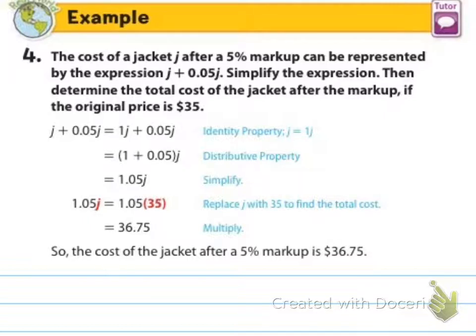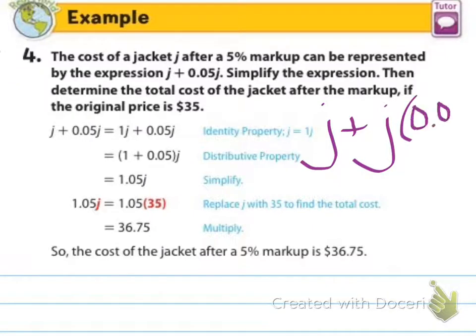So that means that we're going to do the 100% plus 5% to be multiplying times 105%. So I just want you to remember that's what we did before. When we did discounts, we subtracted the percents from 100, but when we're doing markup, we add it to 100. When we do sales tax, we add it to 100. So now let's look at what they did. They did, okay, the cost of the jacket plus the cost of the jacket times 0.05, which is 5%.